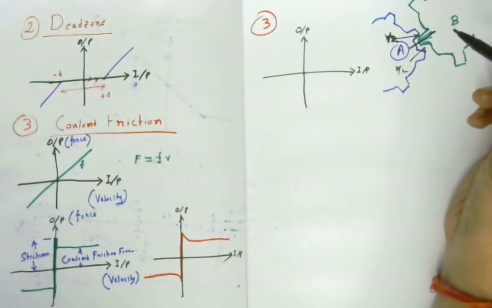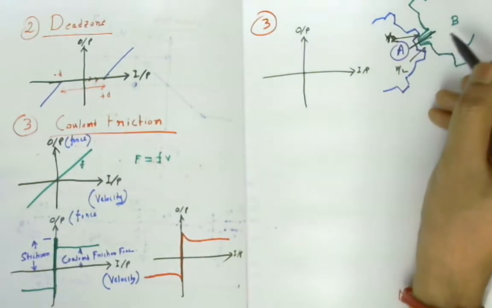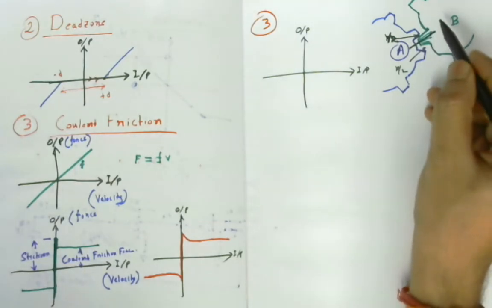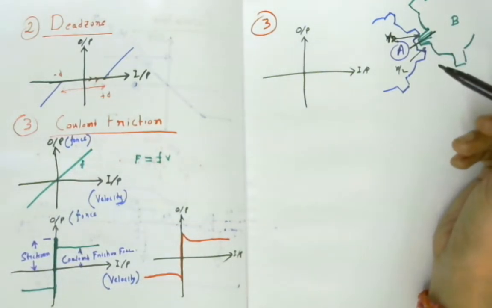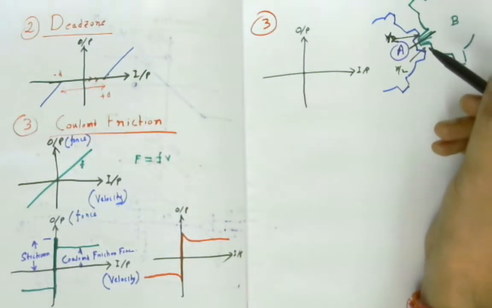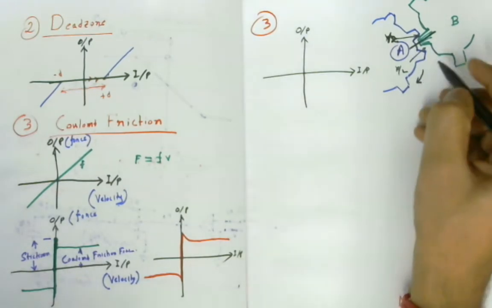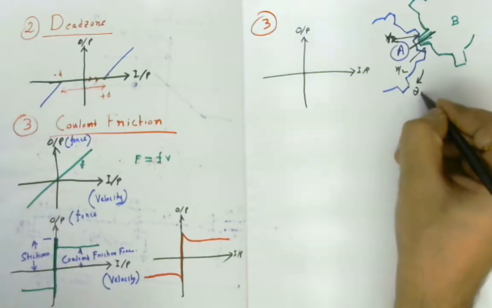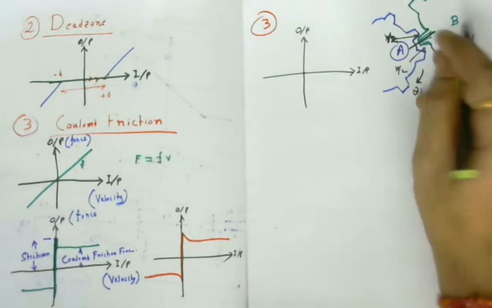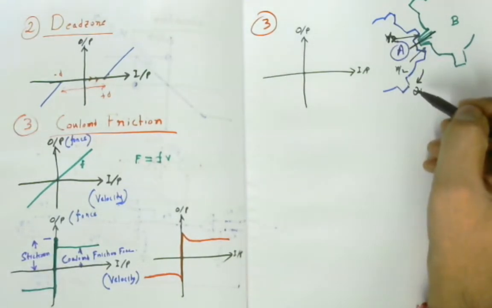Now suppose this A gear will try to move the B gear. So find out my input and output. What is my input? Any movement of the A gear, say, denotes theta I, theta input. If I want to move the A gear in the clockwise direction, what will happen?